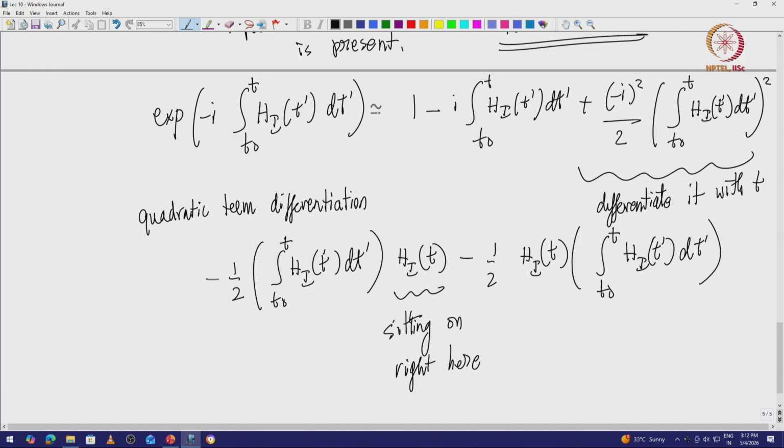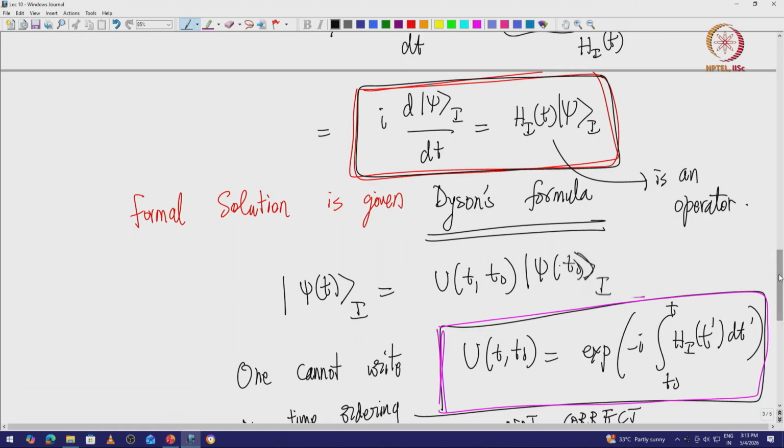But here H_I of t prime, when you integrate it out, it sits on the left essentially. So we cannot convert it. So now this is why this is a problem, because we need it here.